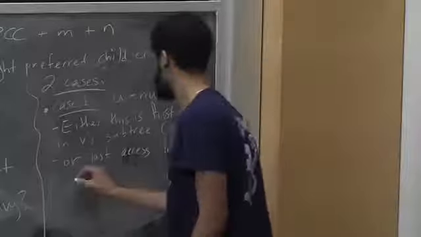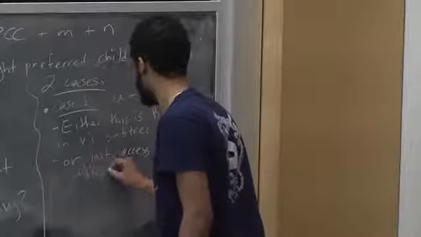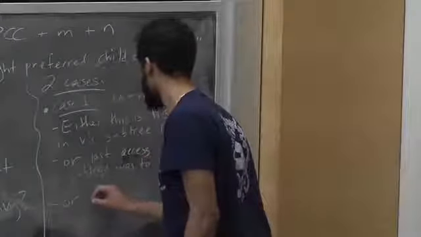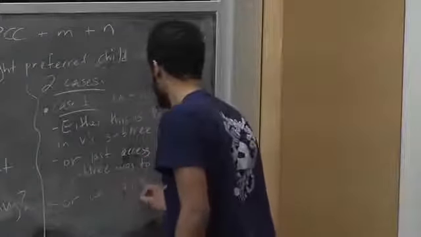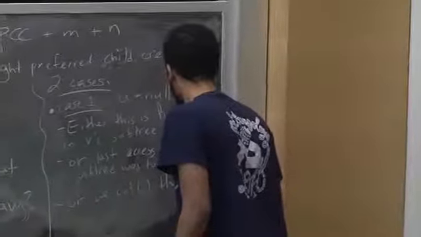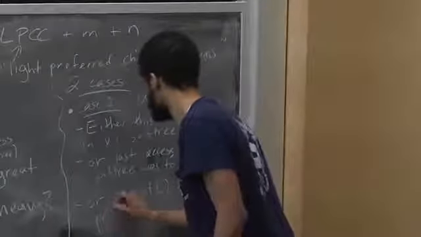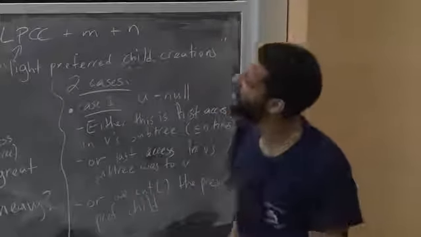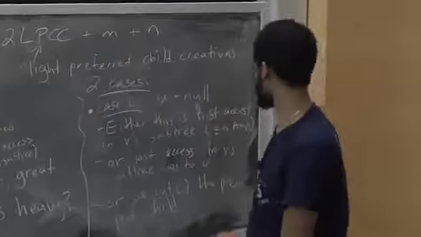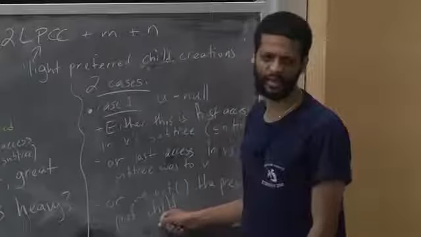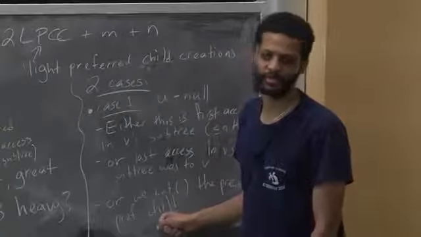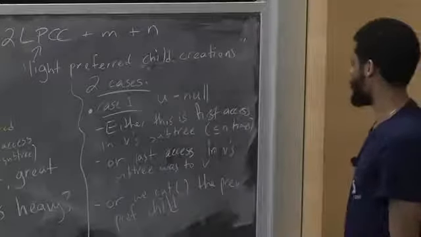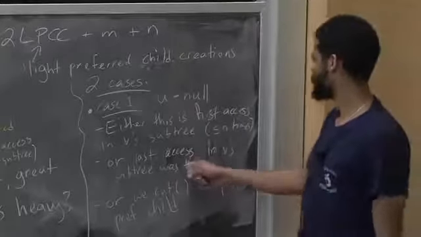I guess actually, now that I think about it, the way that cut is implemented, it would also be the last access in V's subtree. V would be the last access in its subtree. So really, it's only this case.